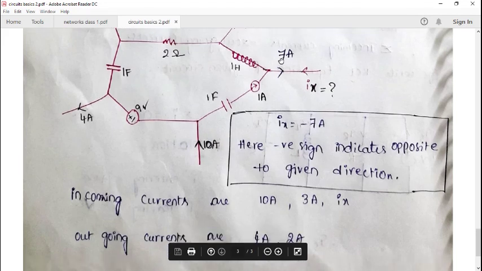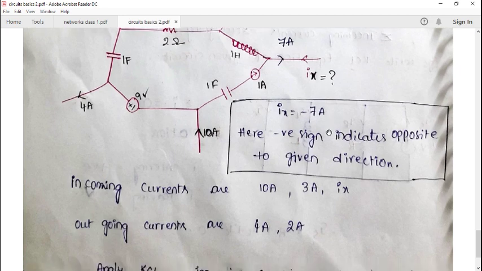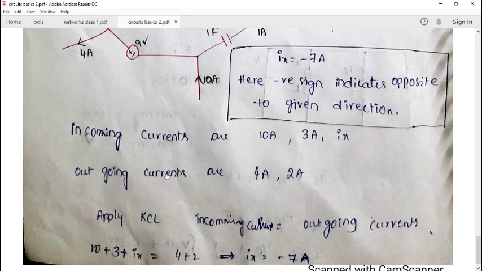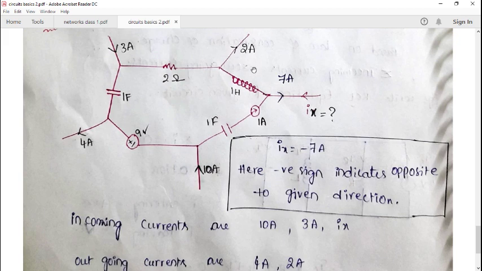This is Ix. These are incoming currents. What are the outgoing currents? 4 amperes and 2 amperes. 4 amperes this one and 2 amperes is this one. This 7 amperes is the answer. Don't consider this one. Let us see how we'll get 7 ampere.